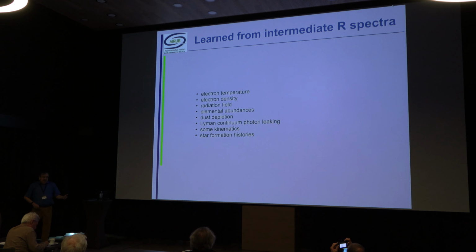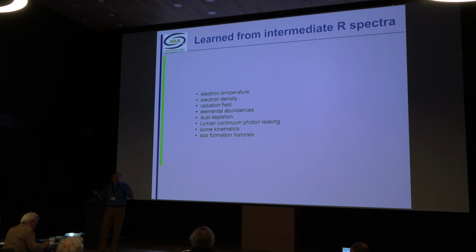We can also look for hints where Lyman continuum photons are leaking out of the galaxy, which is a very important process when we want to understand the surroundings of galaxies, and at very high redshift, how the universe made this phase transition from a neutral intergalactic medium to the ionized intergalactic medium which we observe now.